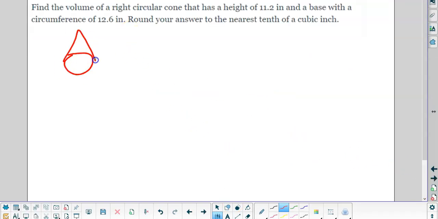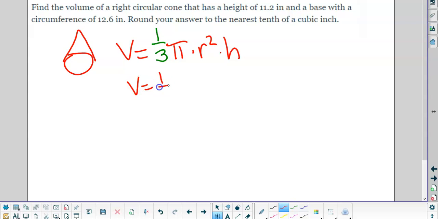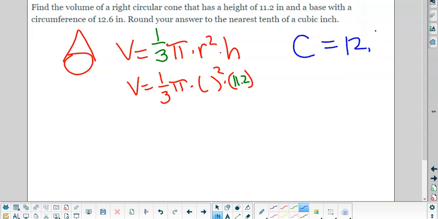So a cone is similar to a cylinder. It does have the pi r squared h, but it also has this fraction in front. So for us, we can fill in the pi and the 1/3 and the height, 11.2. But what we can't fill in is the r, because all we were given was the circumference.